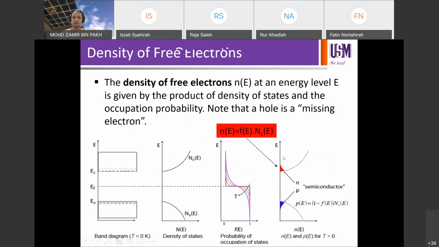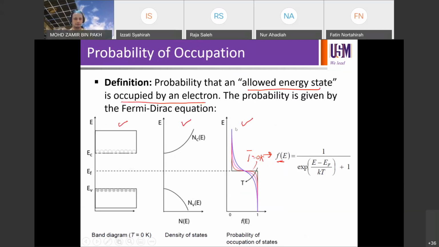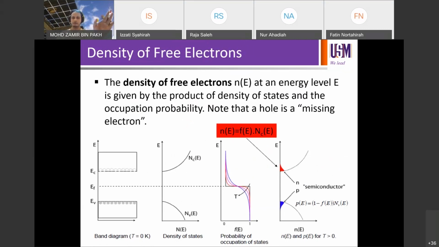Then, how do we calculate our density of free electrons or free holes from the previous information? So this is the information needed. We're going to use it to calculate the density of free electrons or free holes.